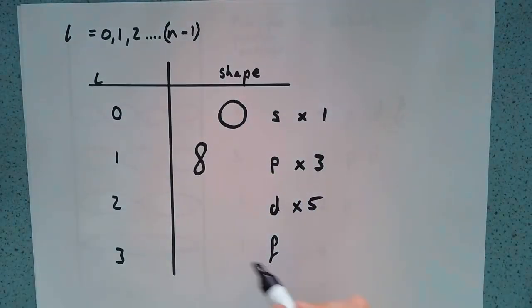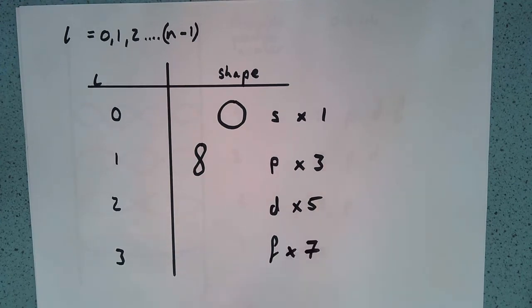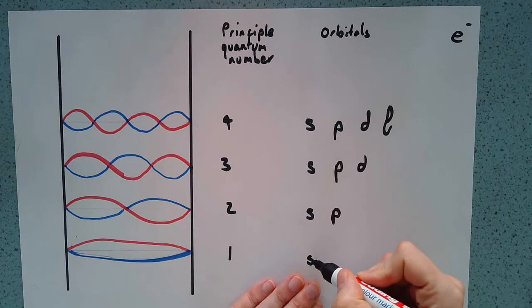And then f, if we take the same idea, -3 all the way to +3, so 2L plus 1 would be 2L would be 6, and then +1 would be 7. So we've got 7 possible f orbitals. In energy level 1, we only have 1 possible s orbital.